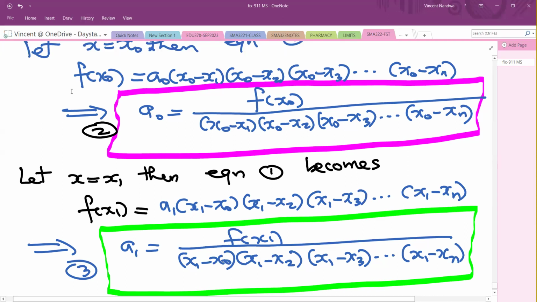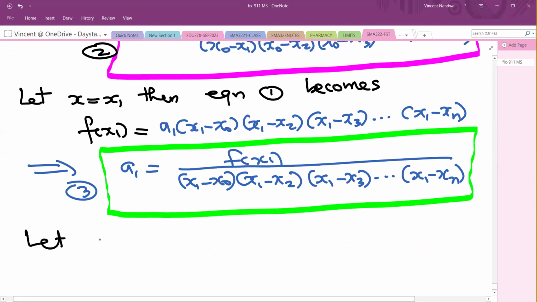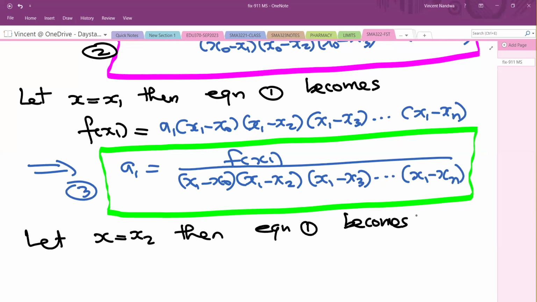Are you able to predict what relationship you get when you replace x with x2 in equation 1?